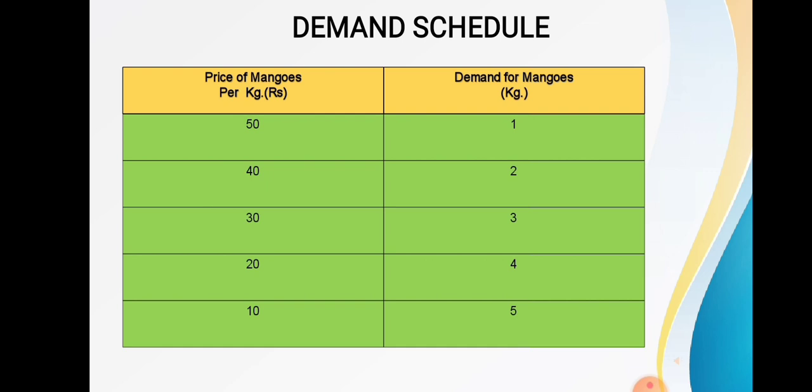From this we can conclude that there is an inverse relationship between the price and quantity demanded. What does the statement of the law say? That as the price goes on decreasing, demand increases, and when the price increases, the demand for the commodity goes on decreasing. I hope the schedule is better understood by you.